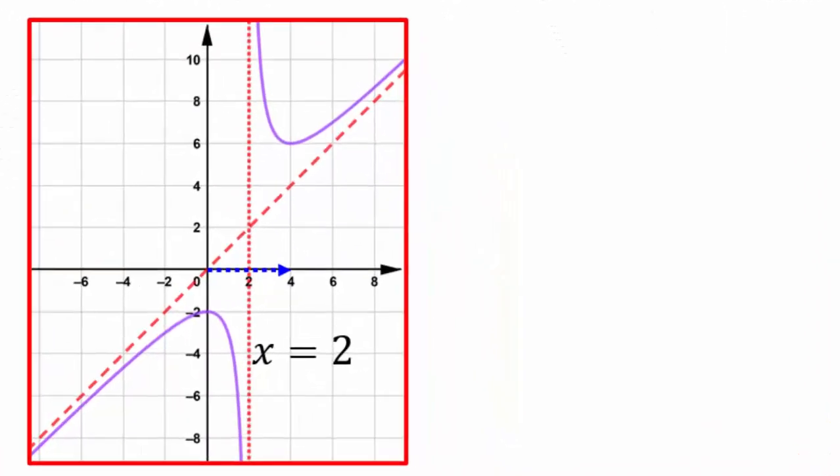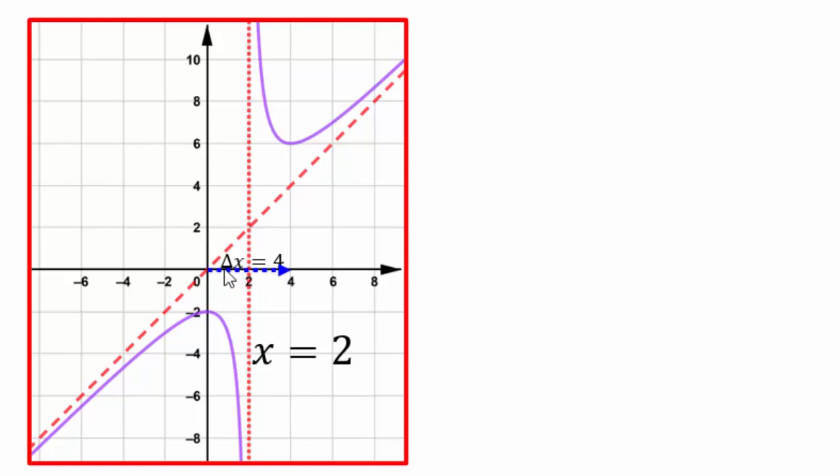To find the slant asymptote, we have two ways. First of all, we can start from any point on the line of the asymptote. I started from 0 and moved 4 units to the right.